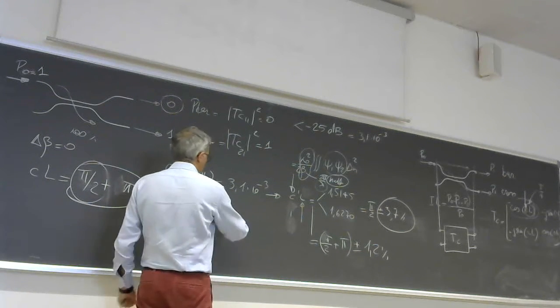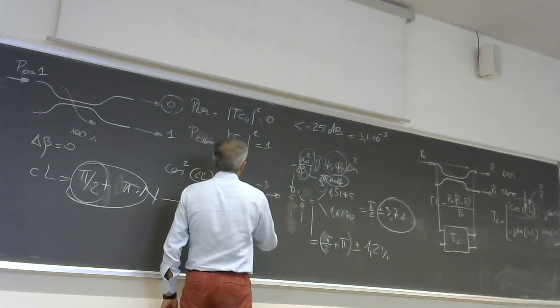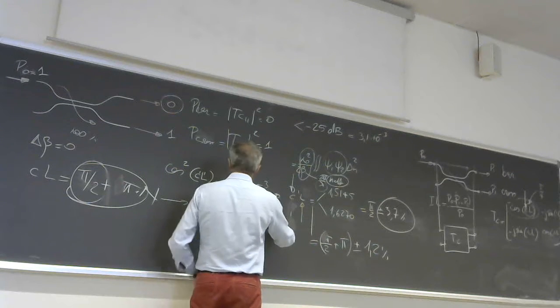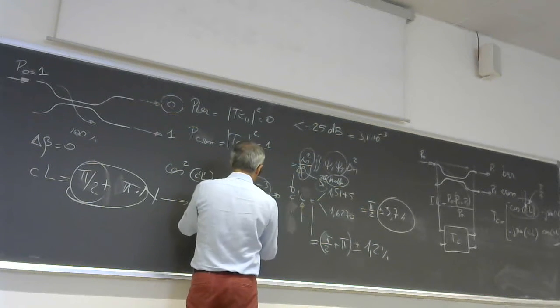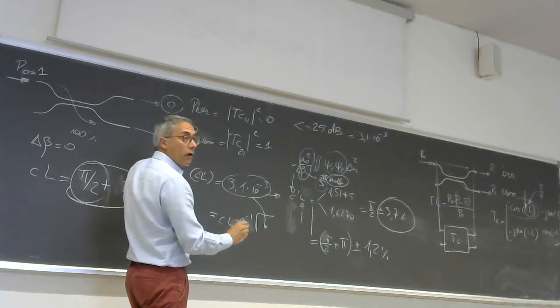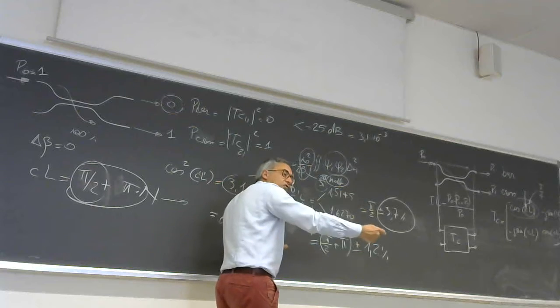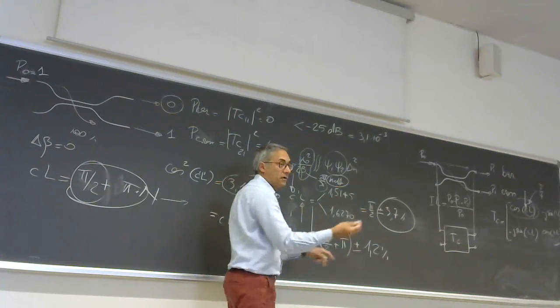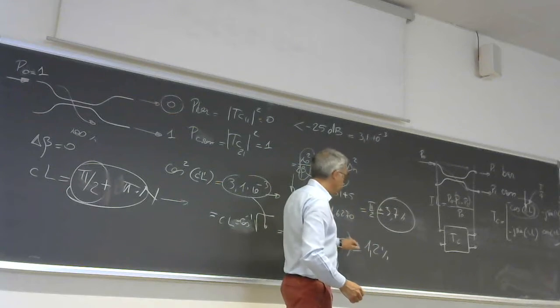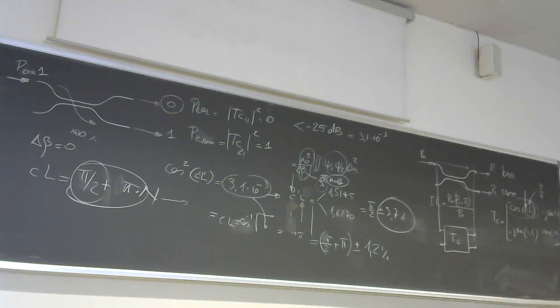So CL is the square root of this, and then you take cos minus 1. But now you take the second solution, so you add pi to this one. So just this number plus pi. So this exercise is to say that you have to choose the first solution. The shorter, the better.